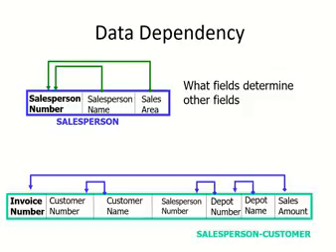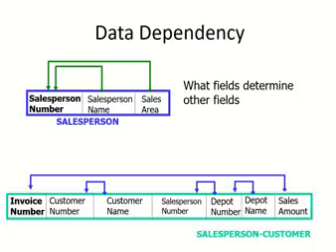So, just looking to the top here and to the table salesperson, if I have the salesperson number, I can confidently say what that salesperson's name is and what their assigned sales area is.